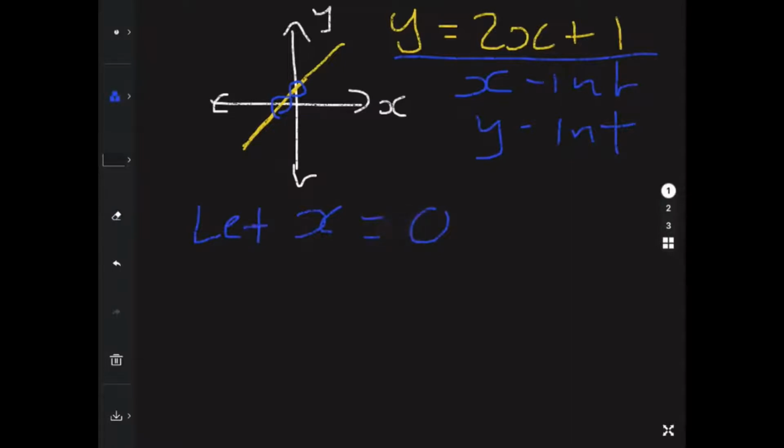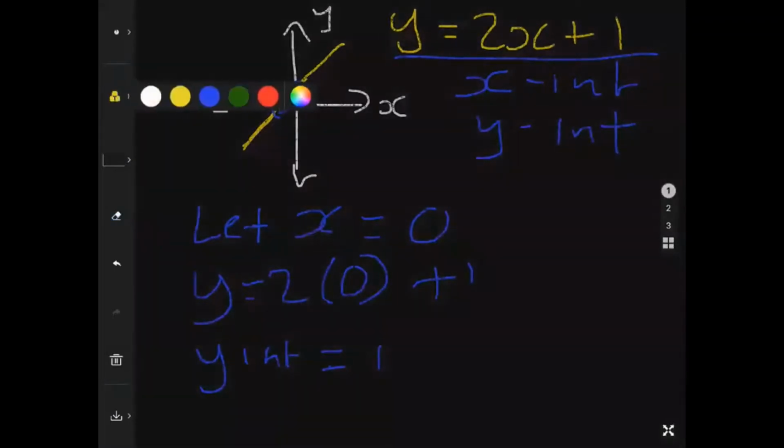So if we have a look at the equation we've got here, y equals 2x plus 1, but what we're going to do, we're going to let x equal 0. 2 times 0 plus 1. Nice and easy to solve, because 2 times 0 is 0, so y-int is equal to 1.